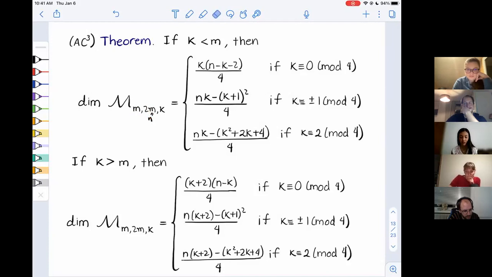Then the dimension of that moduli space of self-dual polygons is complicated. It depends on whether the dimension of the space is less than or greater than the parameter. And even then, the dimension depends on the class mod 4 of the dimension of K, which is way more complicated than what at least my advisor was expecting, I think.